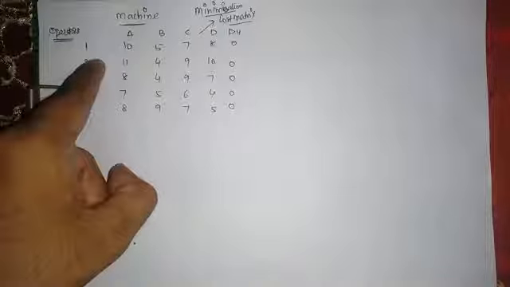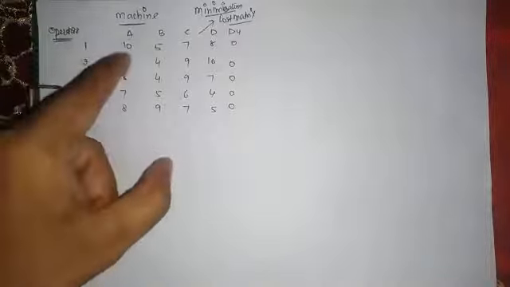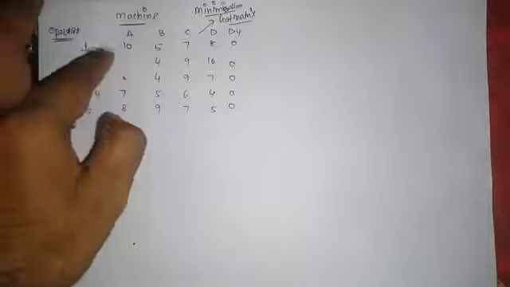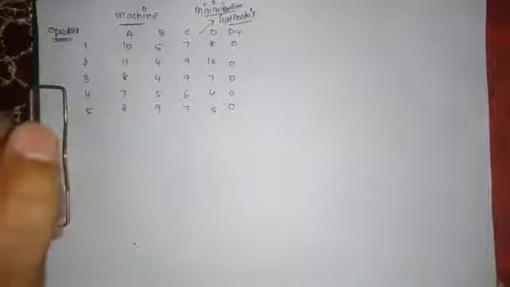So I think you guys have an idea that we have a 0 in every single row. And what is the purpose of row reduction and column reduction? The purpose of row reduction is to ensure the presence of a single 0 in every row. And what is the purpose of column reduction?